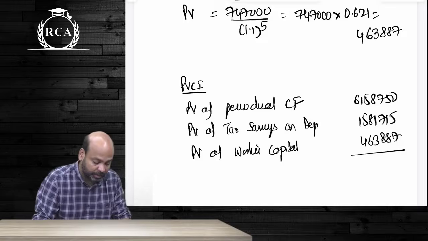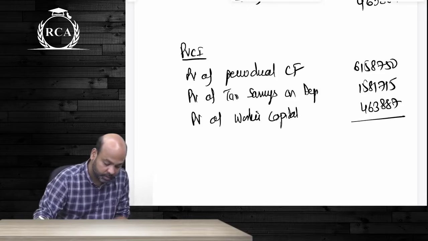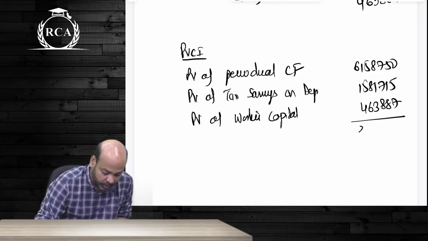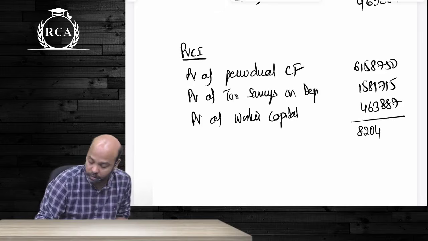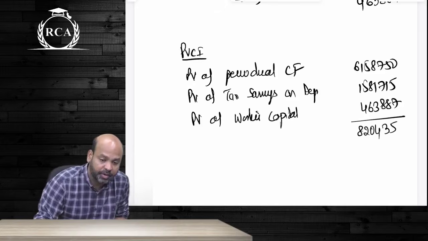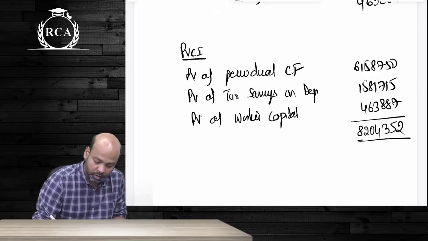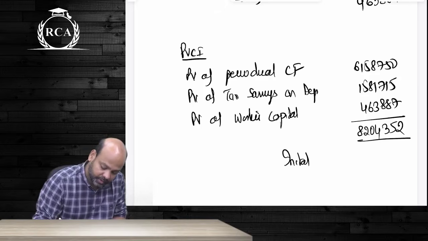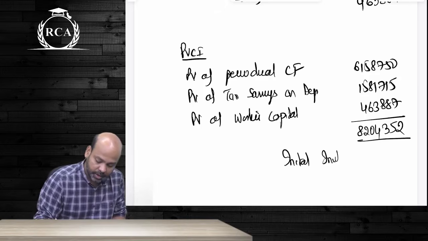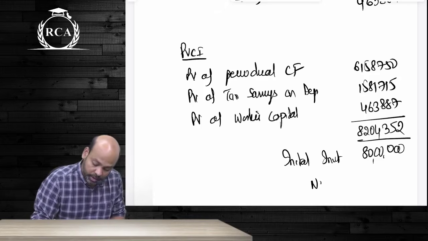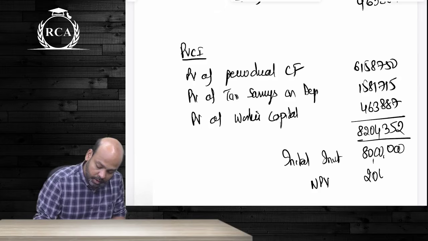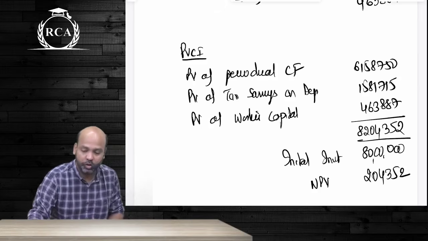How much is the sum total of all of these, guys? 82 lakhs 4,352. How much was your initial investment, guys? Initial investment was 80 lakhs including working capital. Therefore your NPV, beta, is 2 lakh 4,352.